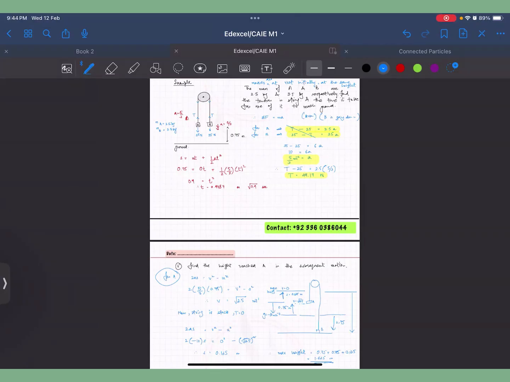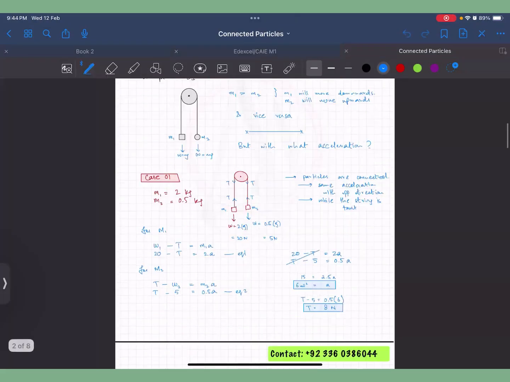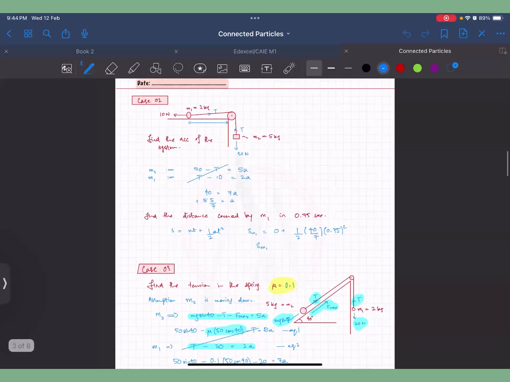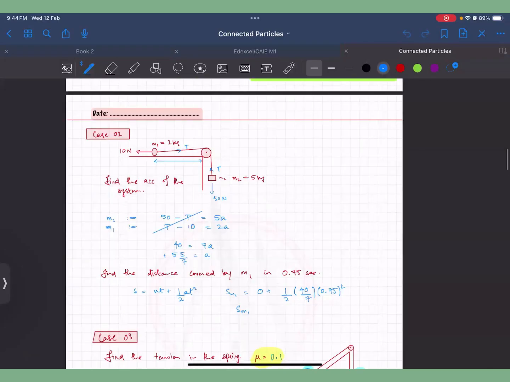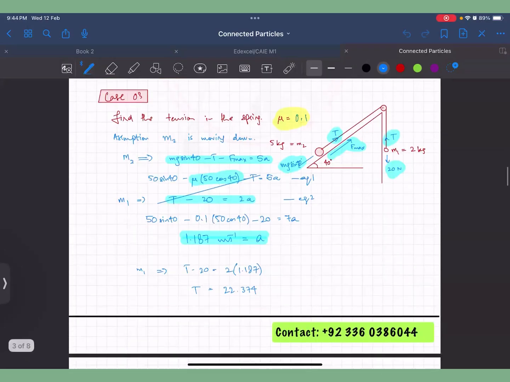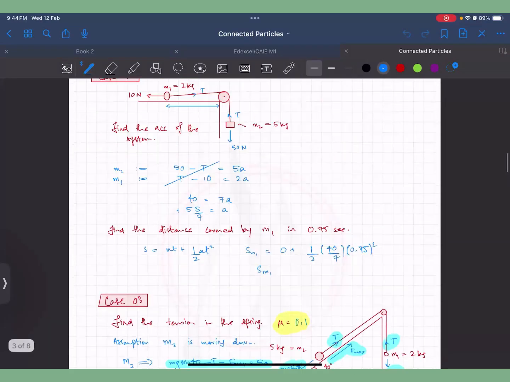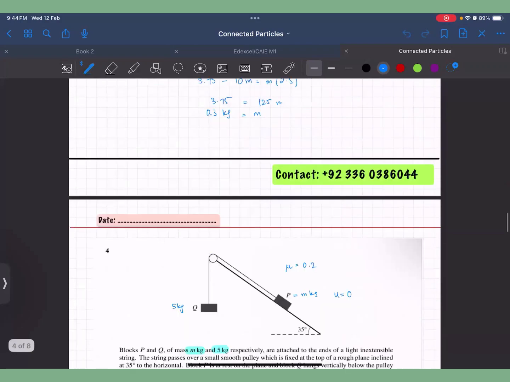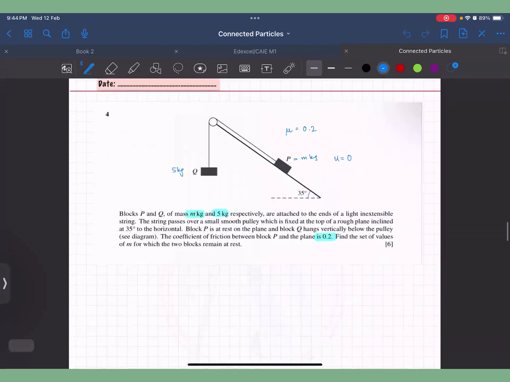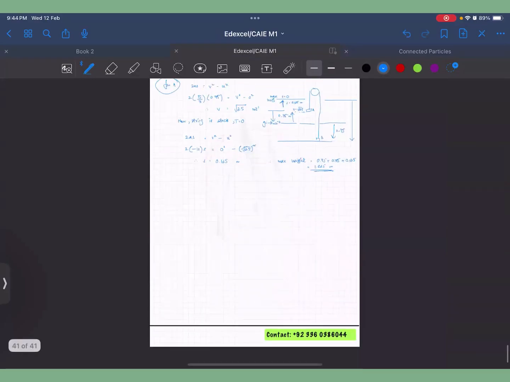Okay, let's see another situation. So look, these are other cases. I made cases previously, but you can have something like this, or something like this. The plane is inclined or the plane is horizontal, and these are all of the cases. We don't need cases, we'll do some questions.